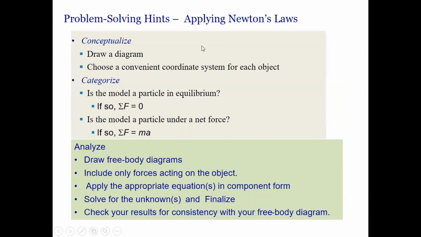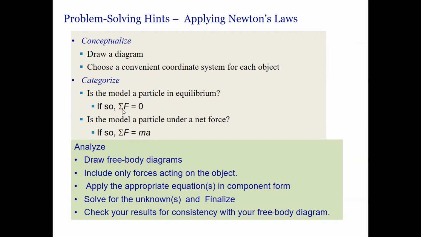Let's briefly discuss the problem solving hints using Newton's law. First of all, we draw a diagram, normally a free body diagram, and then choose a convenient coordinate system. Then categorize: is this a particle model in equilibrium?